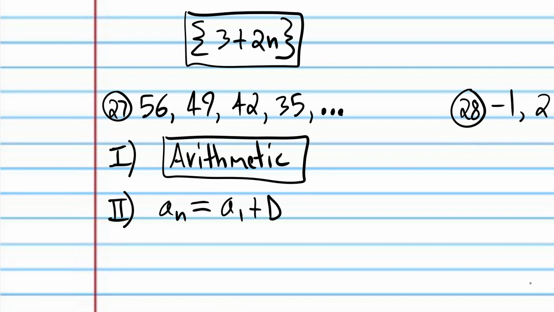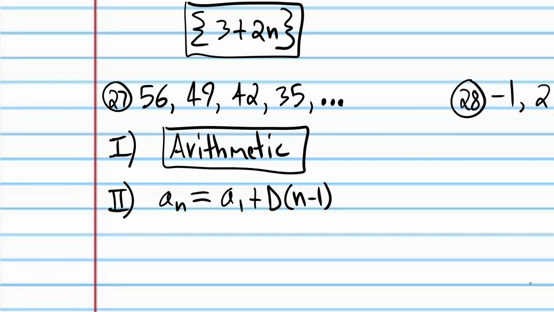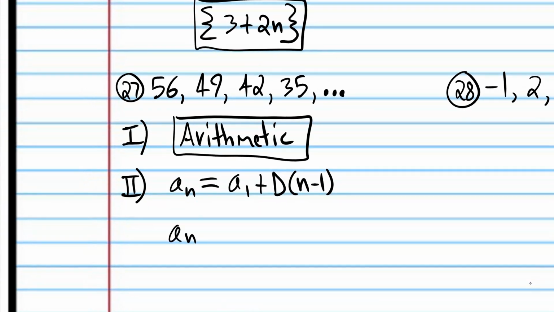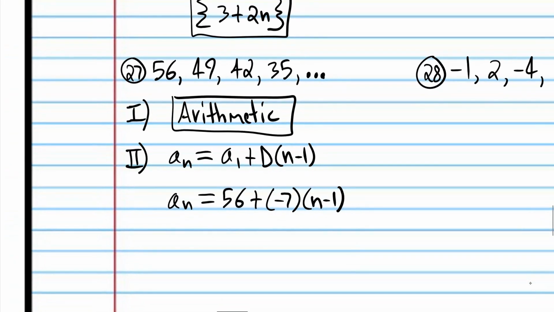And we're going to use our formula for the nth term of an arithmetic sequence. The first term of the sequence is 56. The common difference is -7. And so the nth term is equal to 56 minus 7 times n-1.